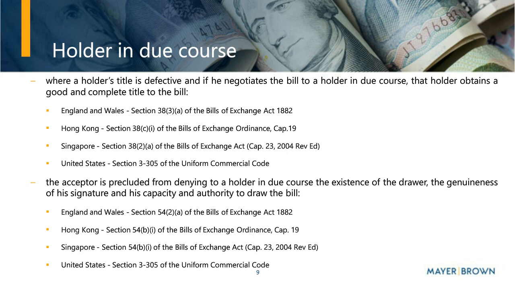Under Section 54 of the Act, the acceptor of the bill is precluded from denying, in favor of the holder in due course, the existence of the drawer, the genuineness of the drawer's signature, capacity, authority, and there are other benefits. There are other sections in the Act which differentiate the position of a holder in due course as against other types of holders.